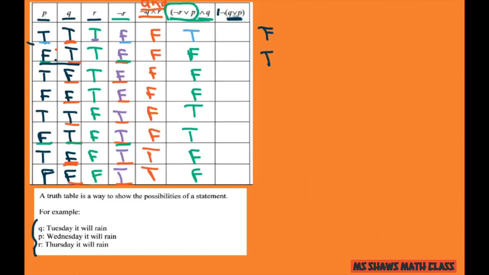Then we have false, true, false, false, true, true, false. Now for the not part, you're just going to make this true, false, false, true, true, false, false, true.